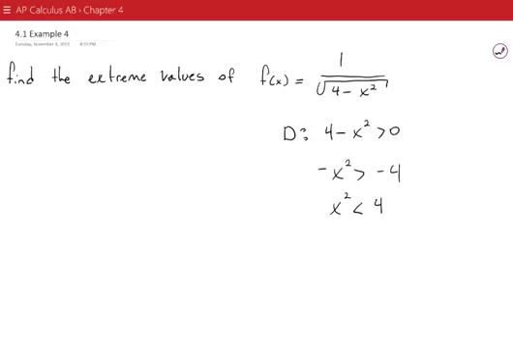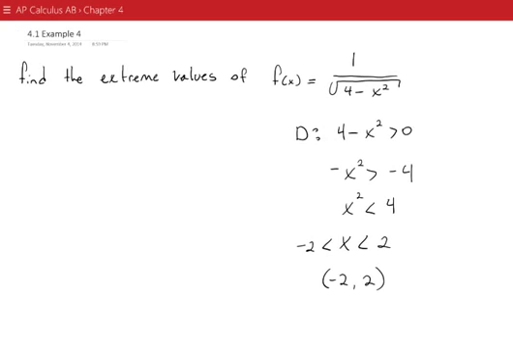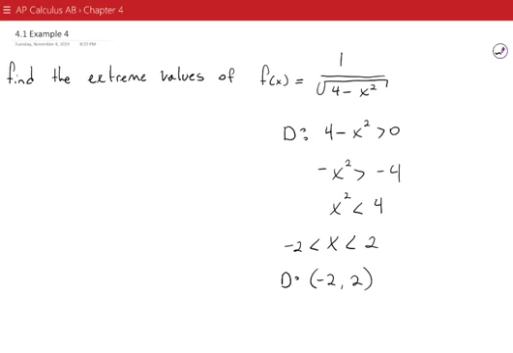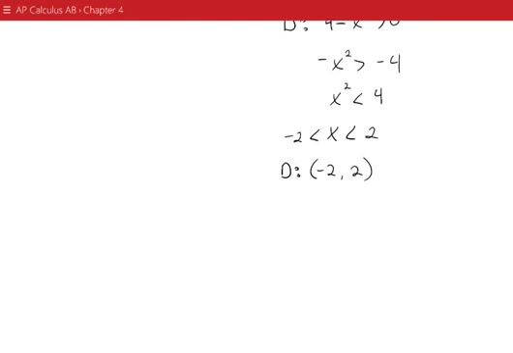So x squared has to be less than 4, which will give us that x has to be less than 2 but greater than negative 2, and that's going to be non-inclusive because again we can't have anything be equal to 0. So our domain is non-inclusive negative 2 to 2. Okay, so now that we know the domain of the function f, we can go ahead and take the derivative.